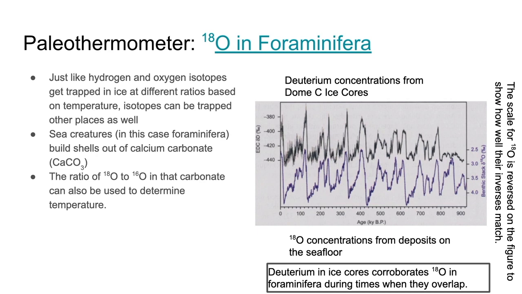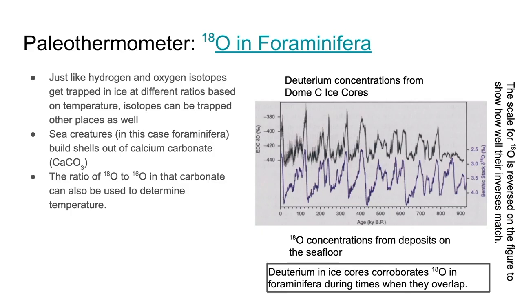In order to put that picture together, we have to use what we call paleothermometers. And these, just like ice cores, determine temperature based off of isotope ratios. This paleothermometer comes from the oxygen-18 concentration in Foraminifera, which are really small sea creatures. They're a protozoan. They live on and in the sea floor.